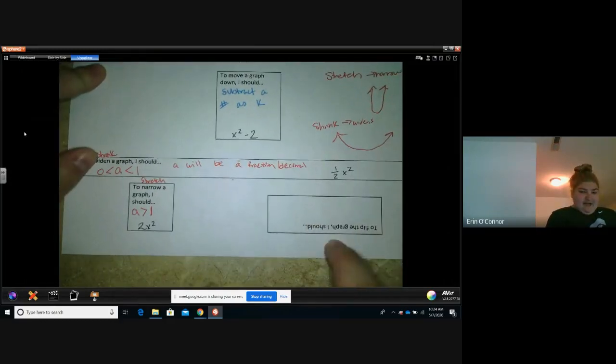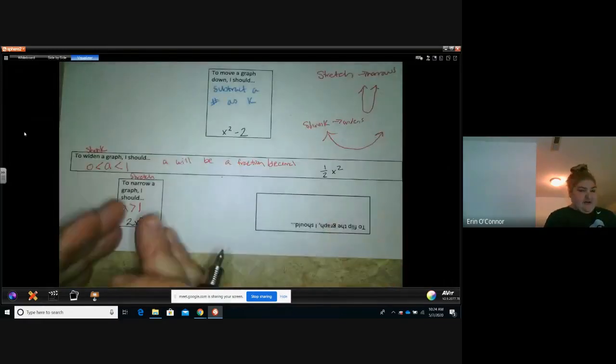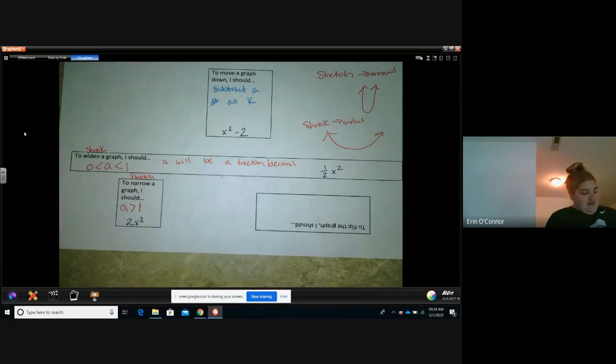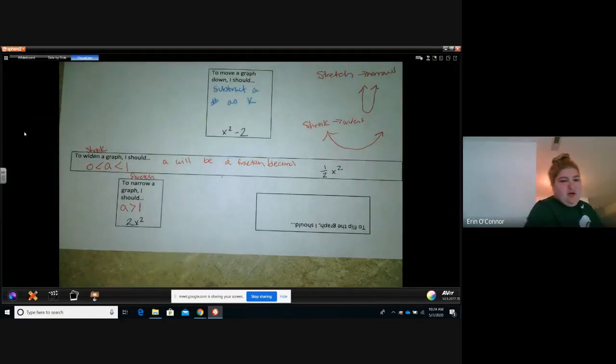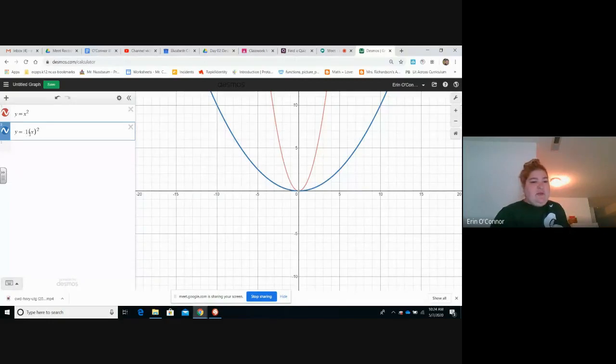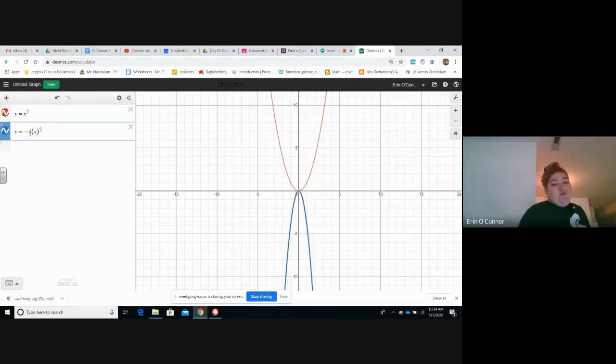And lastly, as you can see, this one's flipped because we're going to flip. And if you notice, this was wider. This was narrower. So to flip the graph, how do I make it a frown? An upside down, concave down. We did this yesterday. So to flip the graph, remember, that's when you're going to put a negative in front. So a negative, and it could be a -4. That's going to flip and stretch.